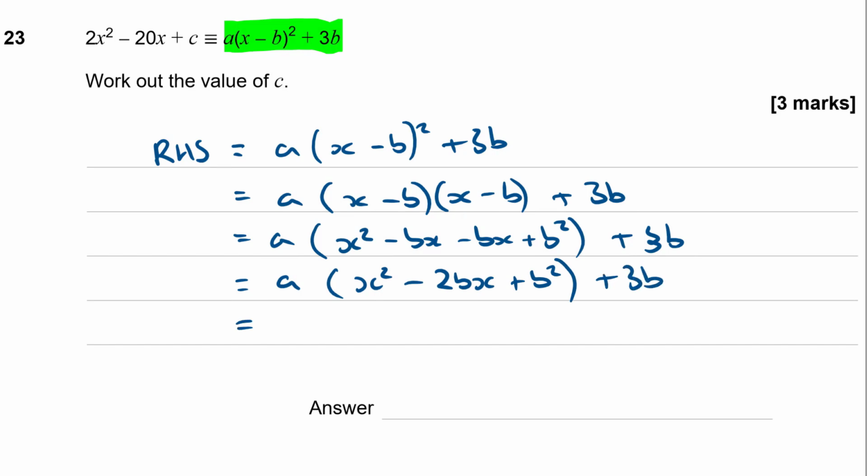Okay, removing the brackets, multiplying everything inside the bracket by a, I'm going to get ax squared minus 2abx plus ab squared plus 3b.